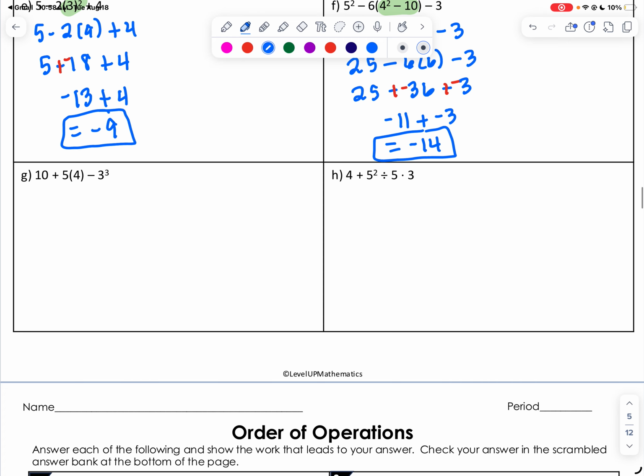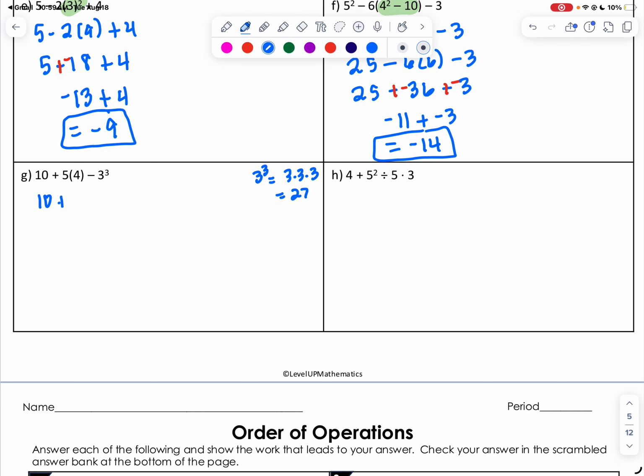All right, problem G. 10 plus 5 times 4 minus 3 cubed. Pause the video and try this problem on your own. When you're ready to check your answer, press play. All right, welcome back. Hopefully you did the exponentiation first. 3 cubed is 3 times 3 times 3. So that's 9 times 3, which is 27.